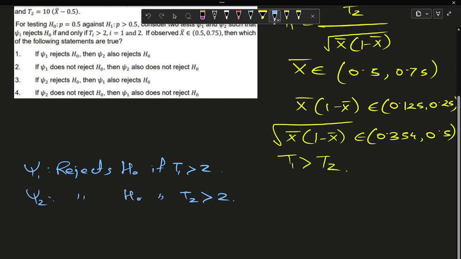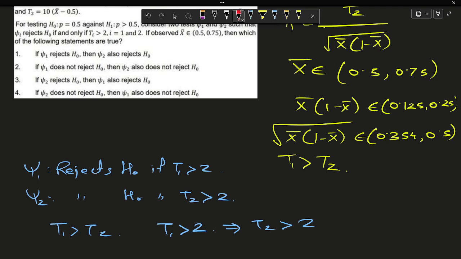Since T1 is greater than T2, if T1 is greater than 2, that implies T2 will also be greater than 2. So phi 2 will reject H0, and option 1 of this question is true.